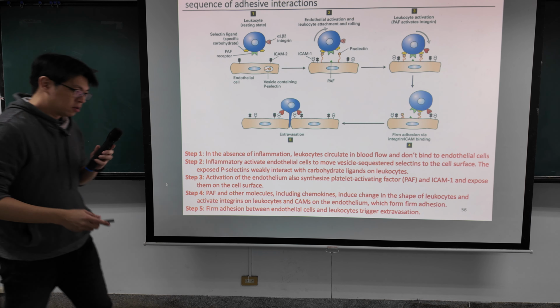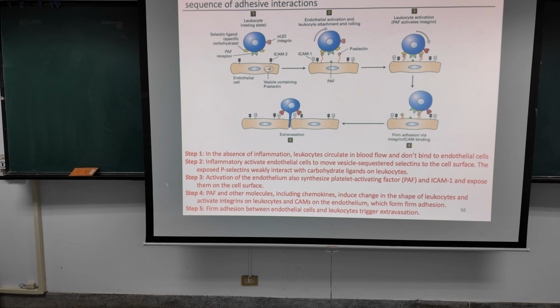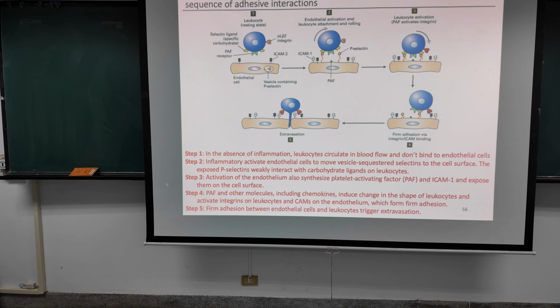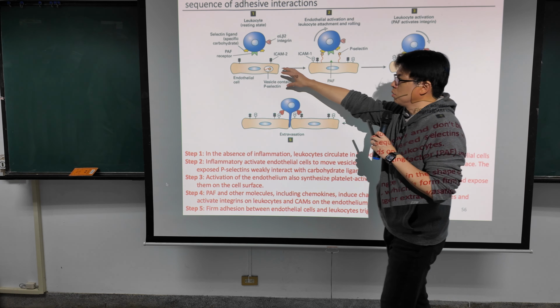Okay, so this is the graph from the textbook. In the steady state, the endothelial cells are in an inactive state. Although the leukocyte contains several inactive integrins and several carbohydrates, they don't have a strong affinity with those endothelial cells.